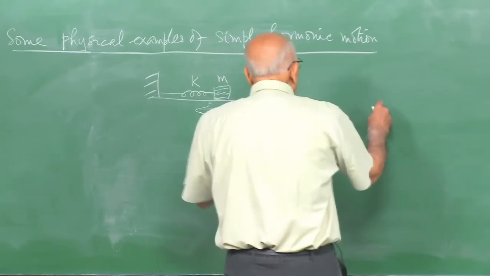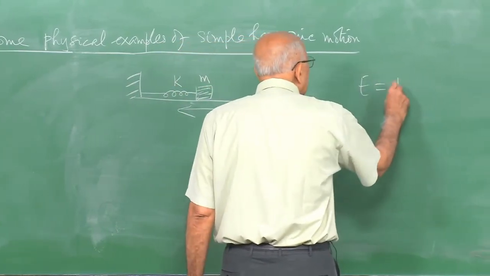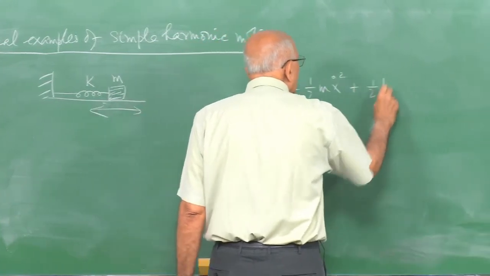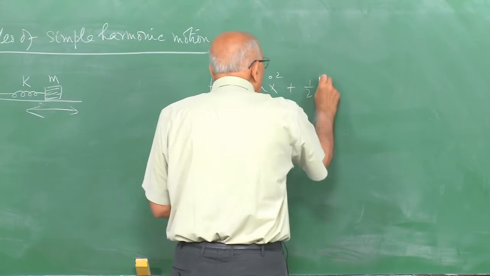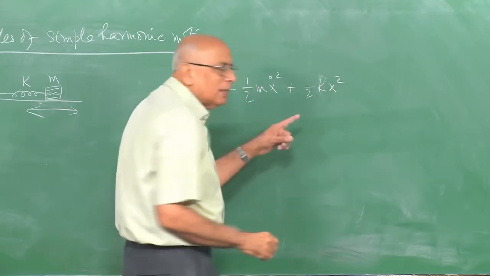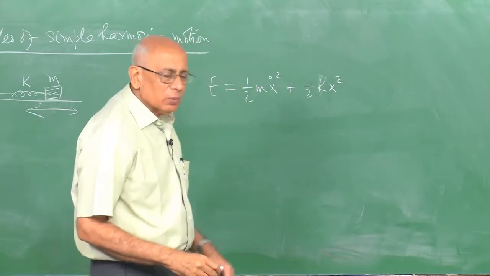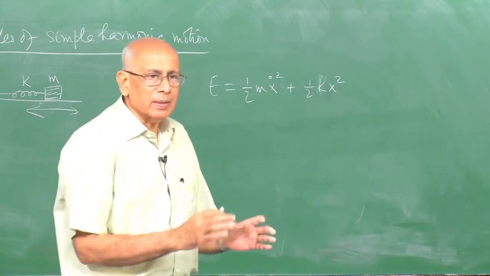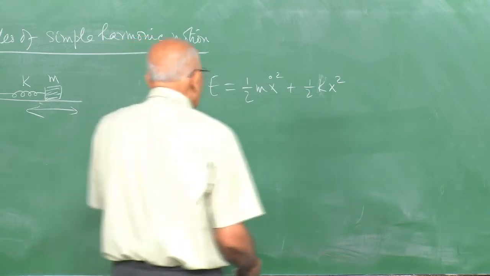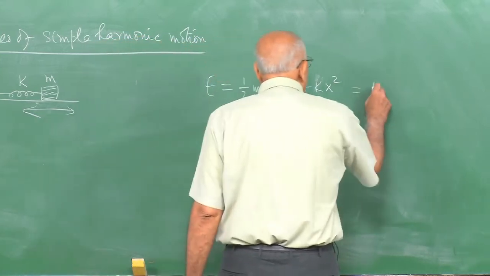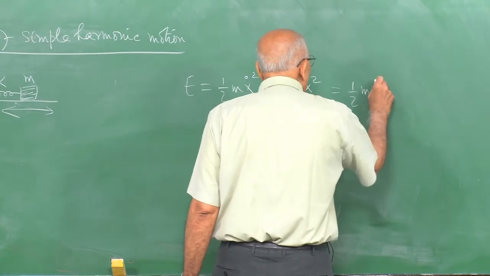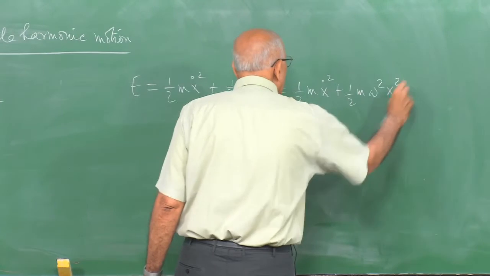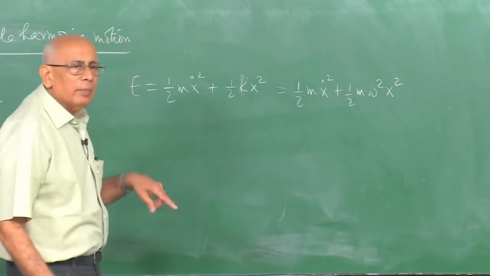If I have simple harmonic motion for which the total energy is 1/2 m x dot squared plus 1/2 k x squared, I don't like to write it, as you can see, in terms of k and m, because the defining property of the simple harmonic oscillator is actually the ratio of these masses, the frequency. So let us put that in, and henceforth let us write this as 1/2 m x dot squared plus 1/2 m omega squared x squared, because k over m is omega squared.